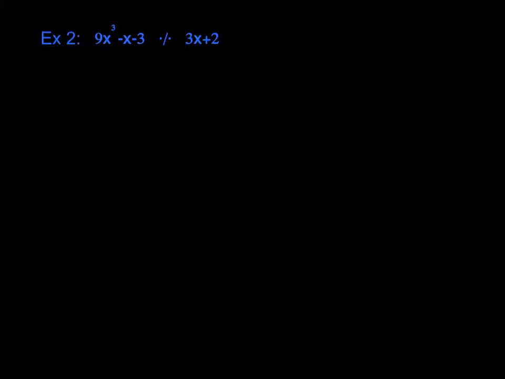Okay, next one I have 9x cubed minus 3, except, hold on. Let me fix this. This should be 9x cubed minus x minus 3. I typed it wrong. So it should be 9x cubed minus x minus 3 divided by 3x plus 2.